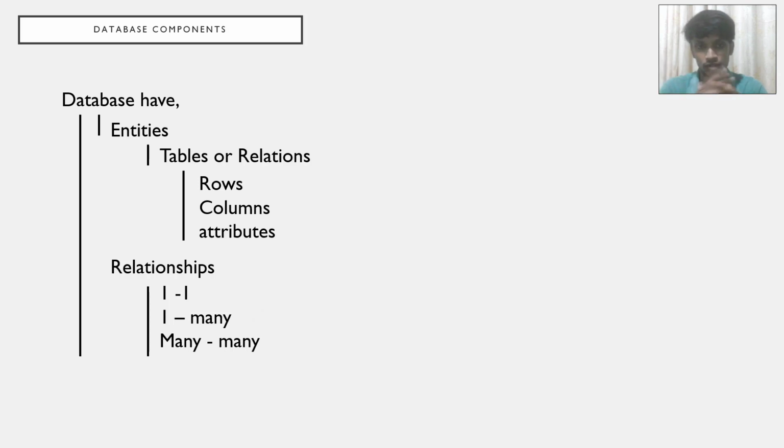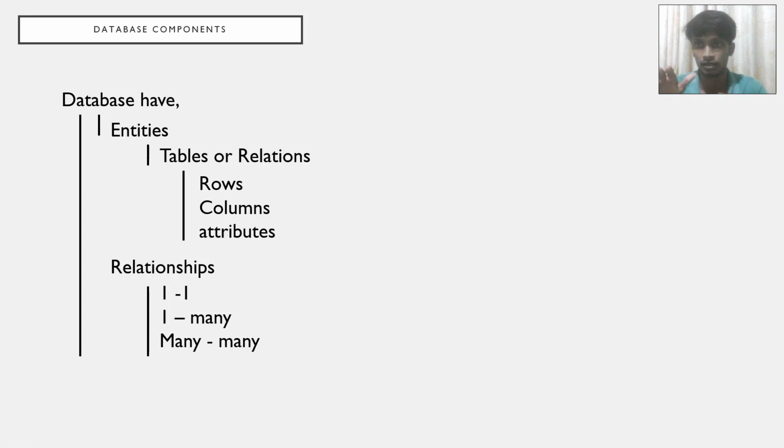The first one is one-to-one, which is the simplest, the second one is one-to-many, and the third one is many-to-many. These types of relationships can be identified from a relational database management system, and I will explain more about relationships later.